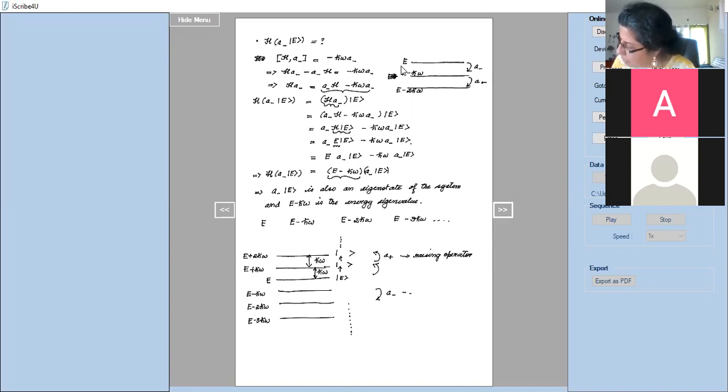So A minus is a lowering operator. Now the question is, I'm basically using these to go up and down this ladder. You realize that this looks like a ladder, right? What kind of a ladder is it? It is an energy eigenstate ladder. Okay, it's a special ladder. It's an energy eigenstate ladder.